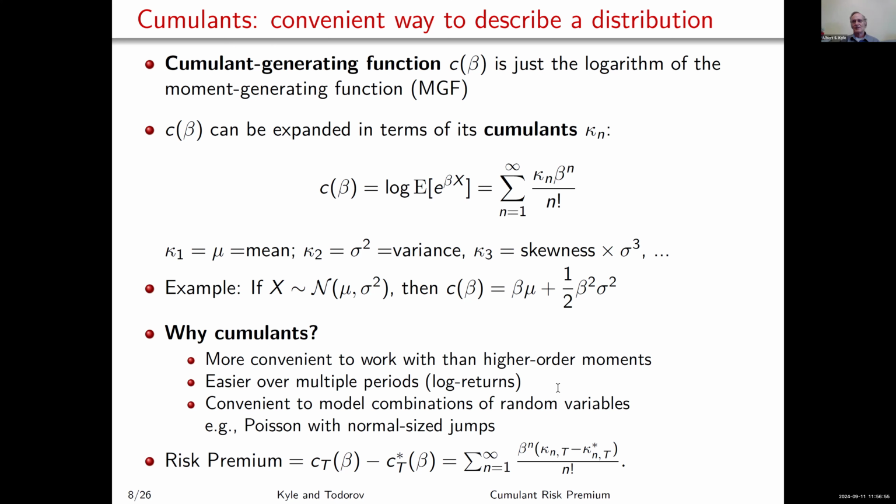We know the moment generating function of the sum is the product of the moment generating functions for independently distributed random variables. So with cumulants, it's the sum of the cumulant generating functions because they're the log of the moment generating functions. So that's one of the convenient factors. But it also makes it easier. It's pretty straightforward to do things like jump models.